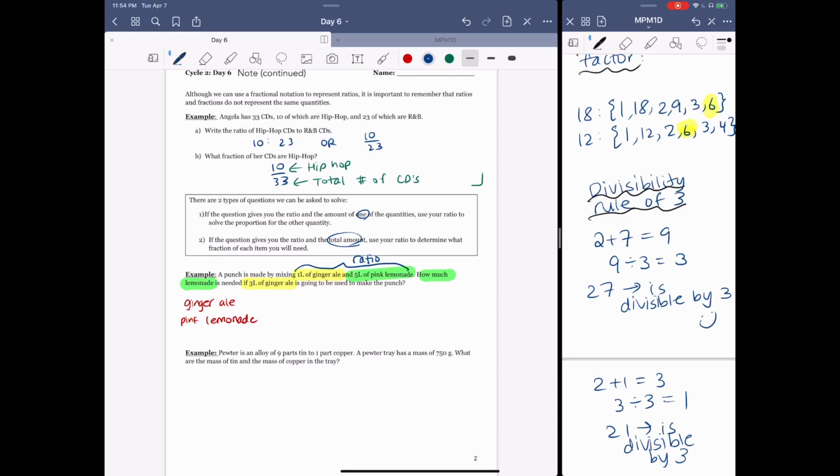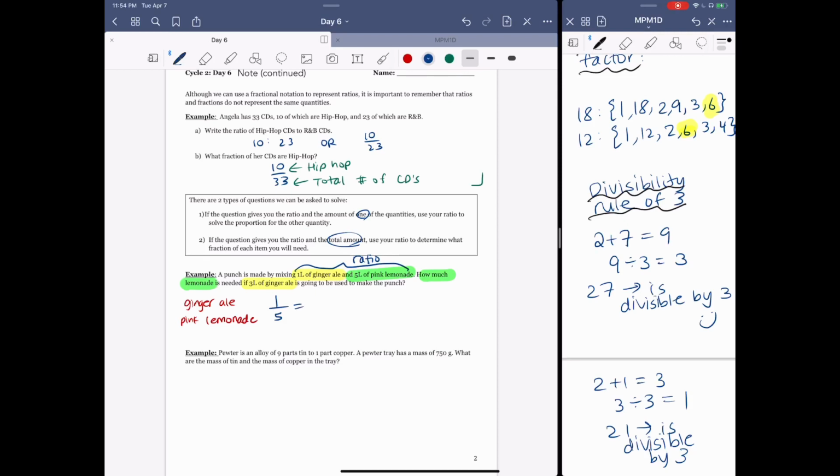No, because it's a ratio, so it won't matter whether you write 1 to 5 or 5 to 1. It's really the same thing, you're just putting one order first before the other. So I have 1, and then I have the 5 for the pink lemonade.